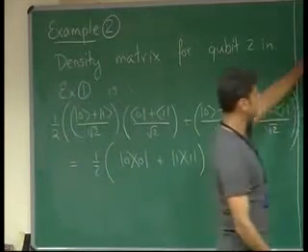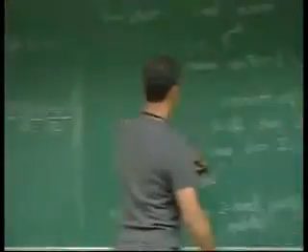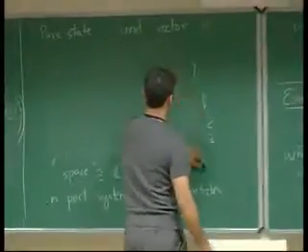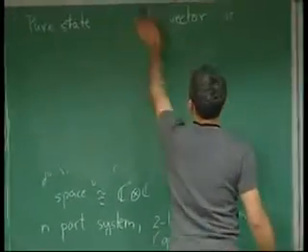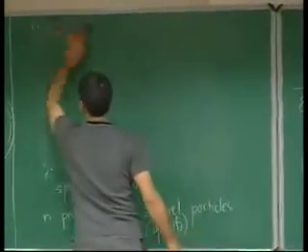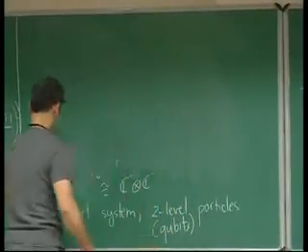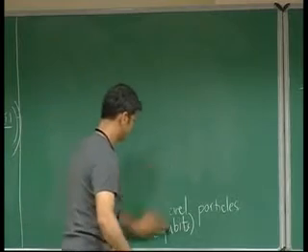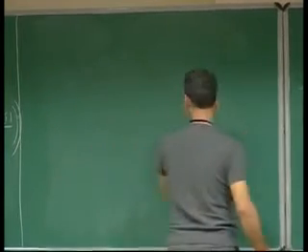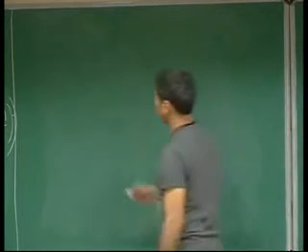Now, something curious to notice about this is that this is also the density matrix for a different mixed state. Do you see which one? Of 0 and 1.